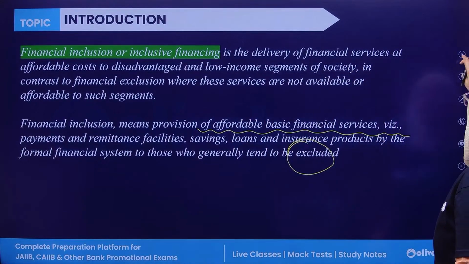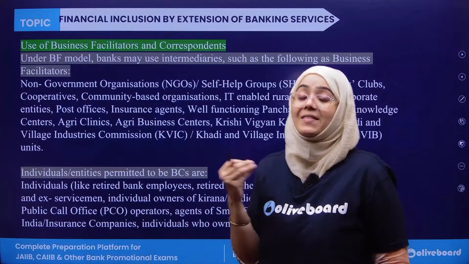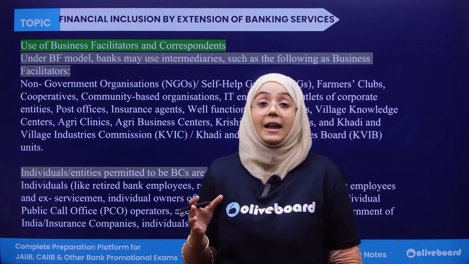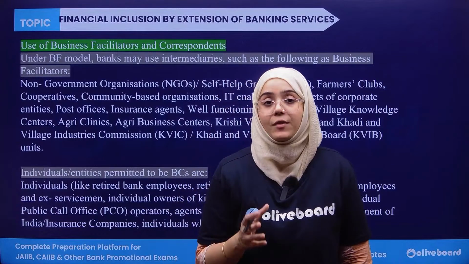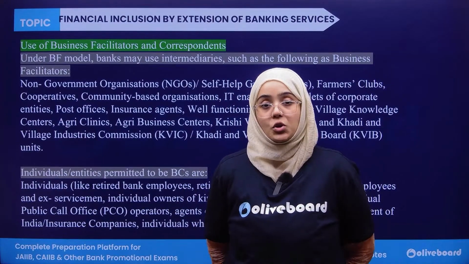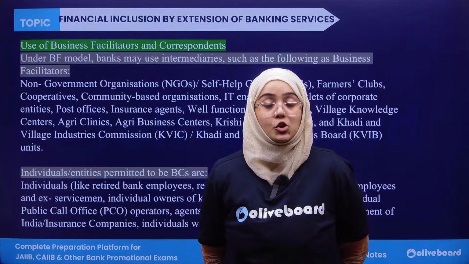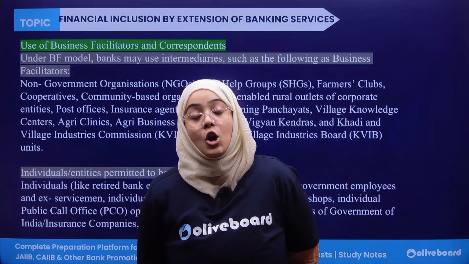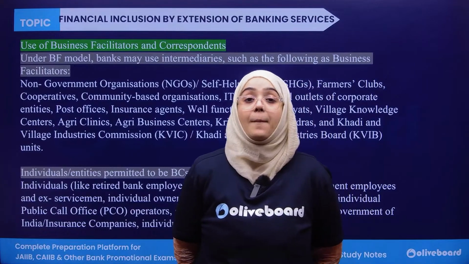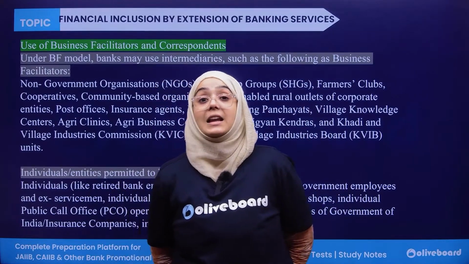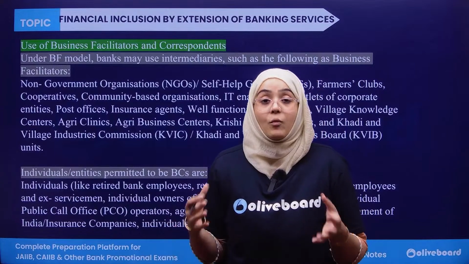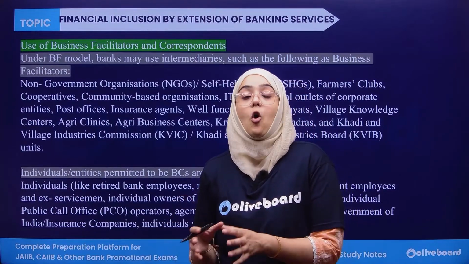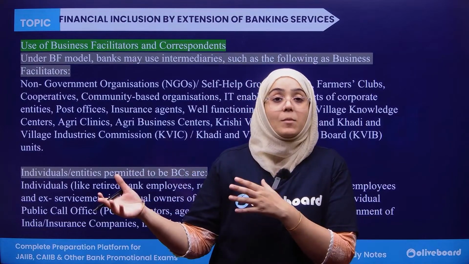Now, there are some business facilitators and business correspondents who act as extended arms of the bank to promote financial inclusion. Because the bank has some limitations. A bank cannot open a branch in each and every remote area of the country. So obviously the bank needs some helpers, some extended arm which helps or facilitates in joining the excluded members to the bank.